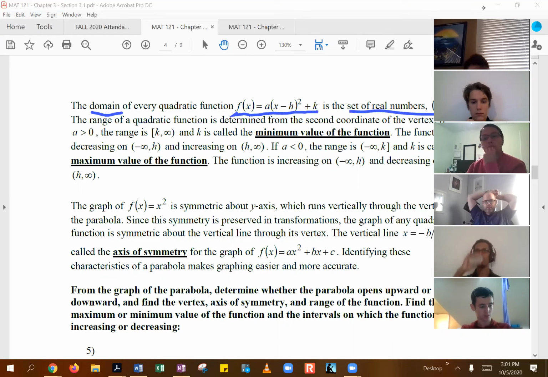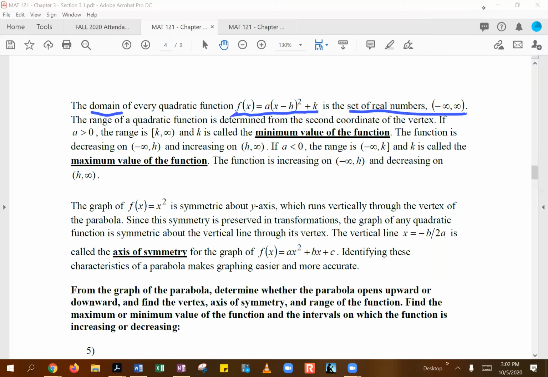But the range of the function can change, because if your parabola is opening up, then of course your y values are headed up towards positive infinity. If your parabola is opening downwards, that means your y values are headed towards negative infinity. And based on your vertex, you will see we are actually using that k value to determine our range.